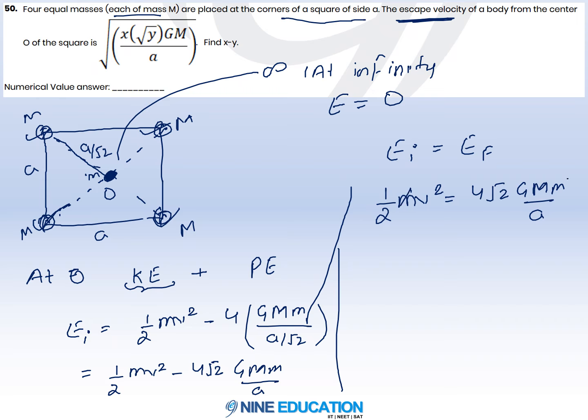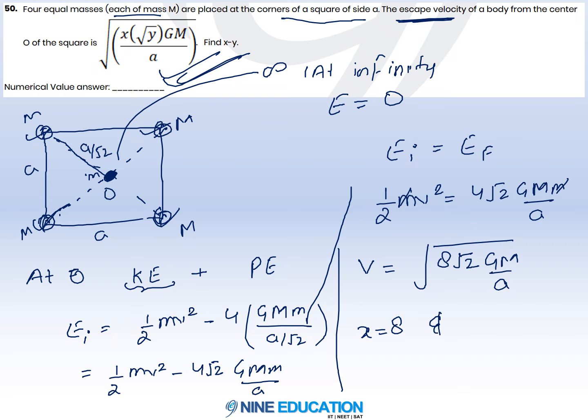So m cancels, v is under root 8 root 2 GM by a. So now comparing with this equation, x is 8 and y is 2. So x minus y becomes 8 minus 2 equals 6. So the correct answer of this question is 6. Simply you have to conserve the energy.